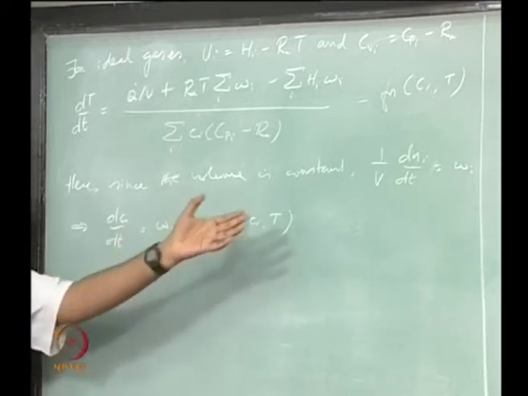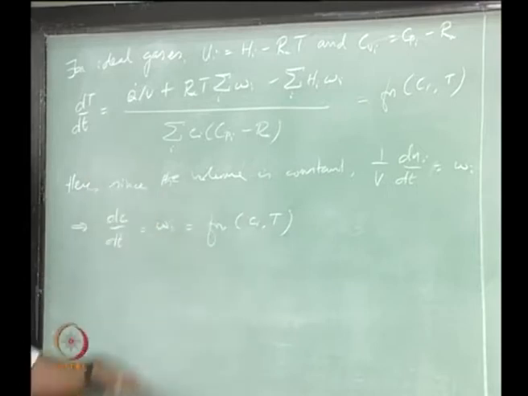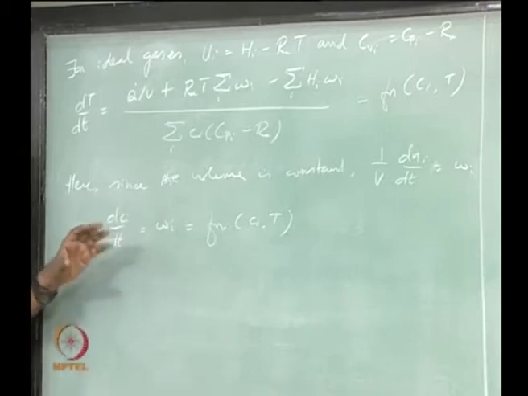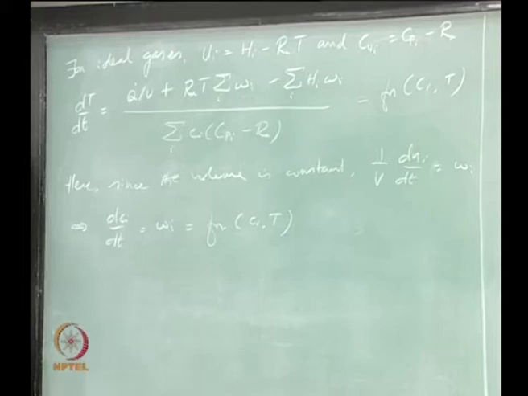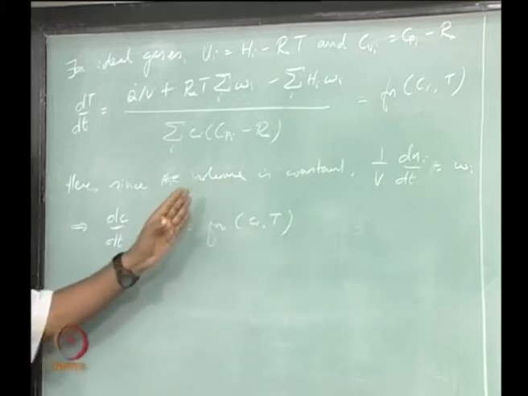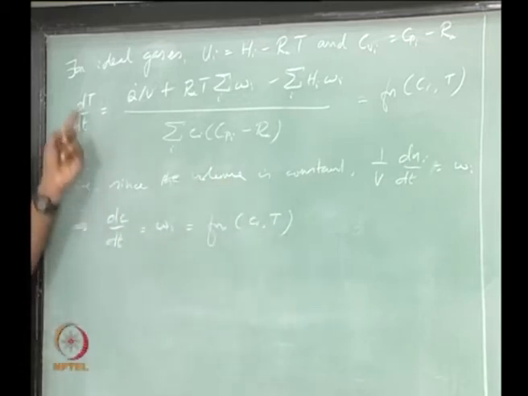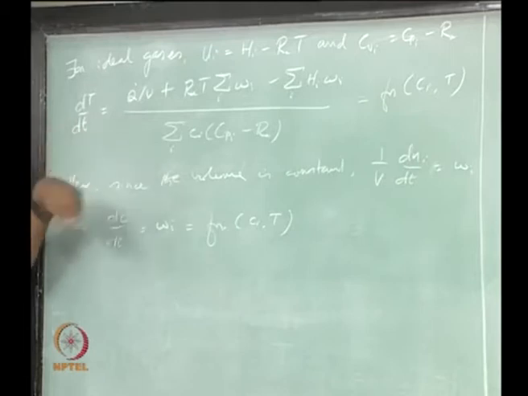So this is a fairly large expression for each of those, and n equations there. And this is typically what you would get solved with a package like Chemkin, where you advance in time and see what happens. But that is with a constant temperature, but now what we are saying is we will now have this affect the temperature, and then the temperature will change. That's essentially the idea that we are talking about.